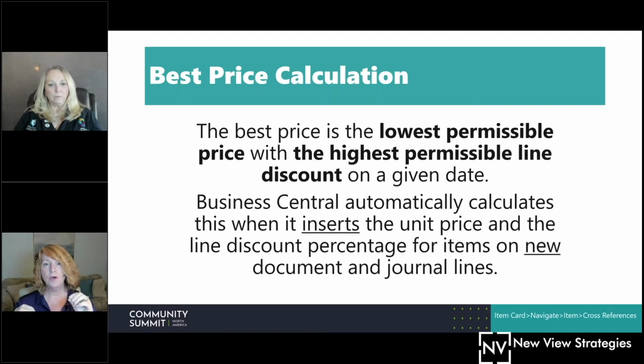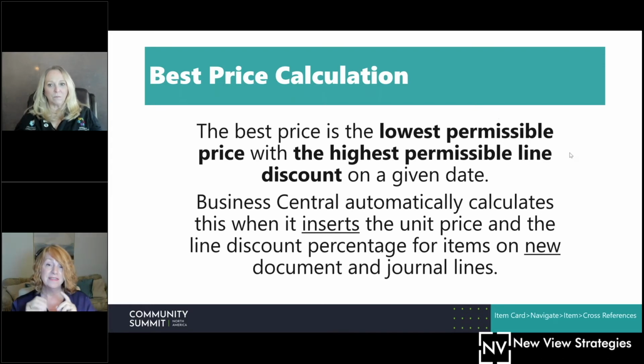It's not like, is the price lower or the discount lower, and I'm going to give them that. It actually takes the lowest price and applies the highest discount. So you need to keep that in mind when you're setting up your pricing and your discounts. Same thing applies when you're purchasing and you set up your purchase prices and your purchase discounts. So you want to make sure you've got those recorded properly from your vendor.